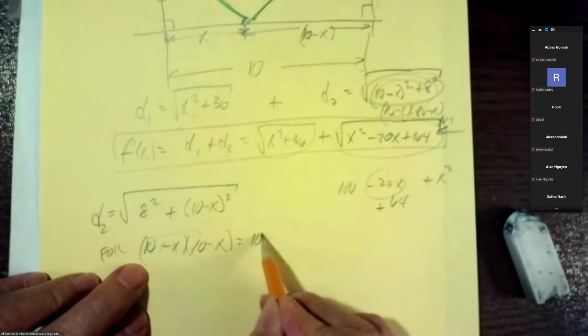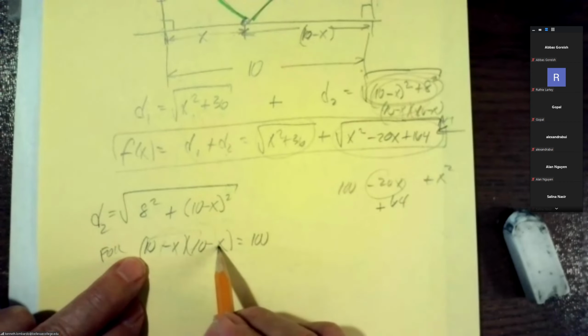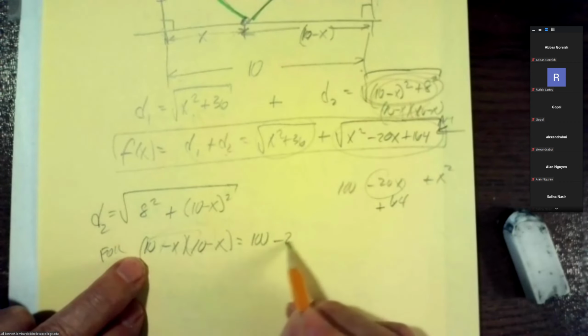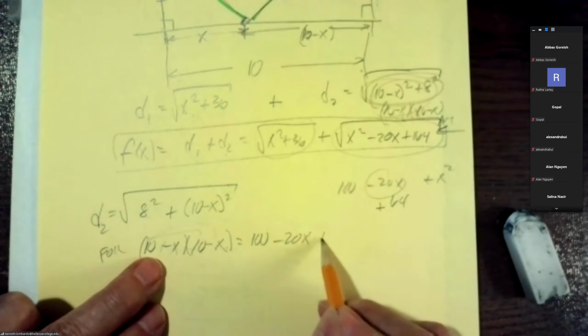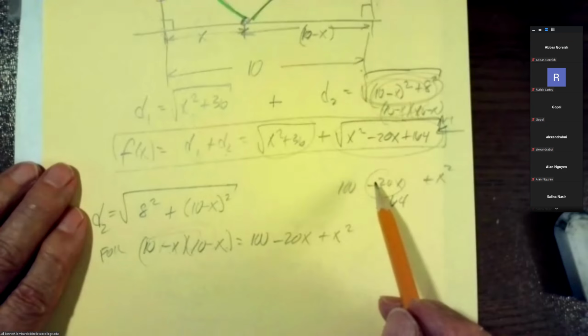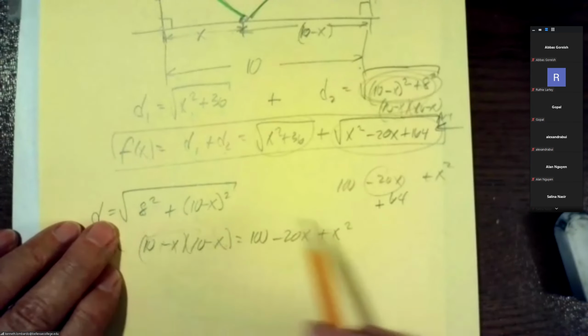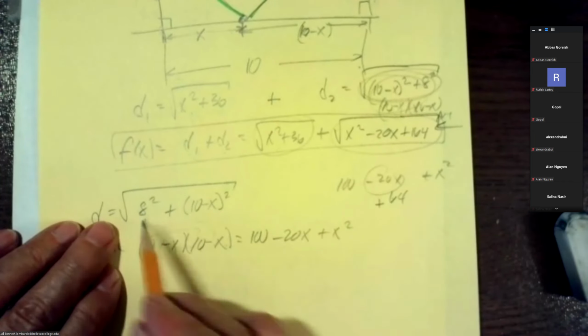10 times 10 is 100. Outer and inner, so we've got negative 10x, so that's negative 20x, and plus x squared. Okay, and then what else do we have here? Plus the 8 squared is 64. That's this value here.